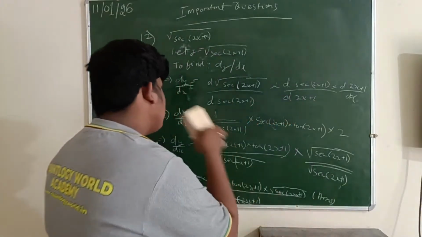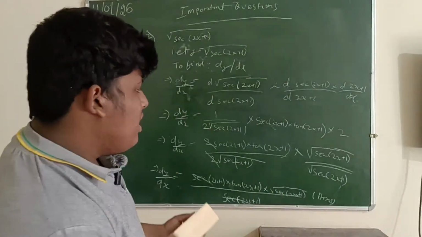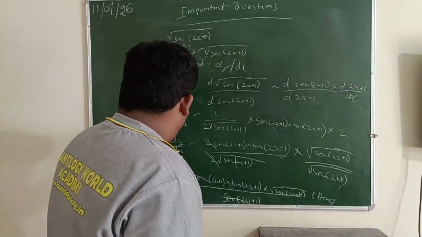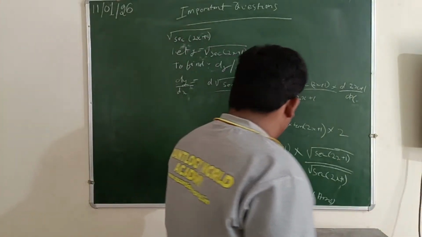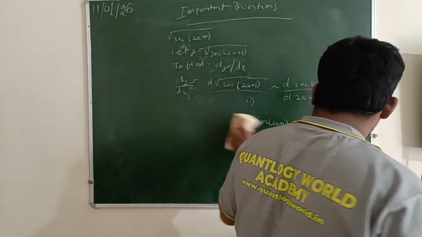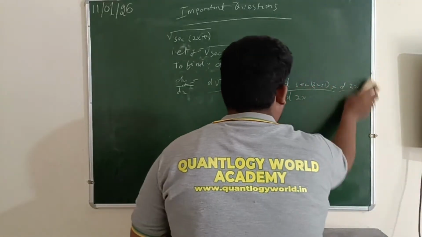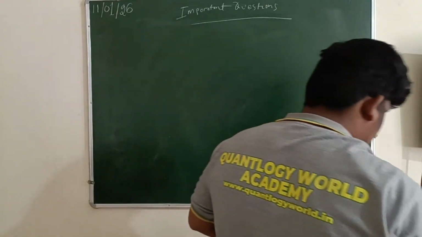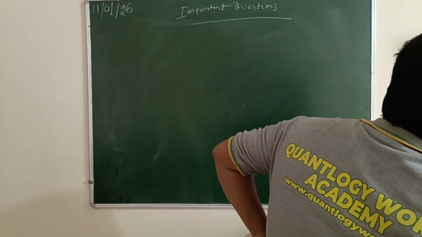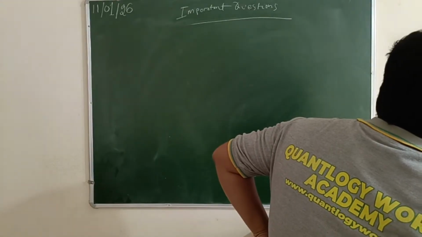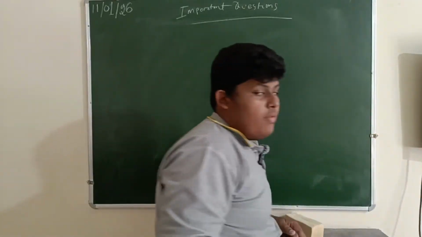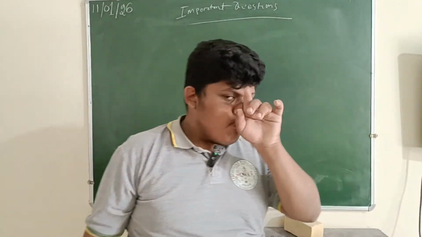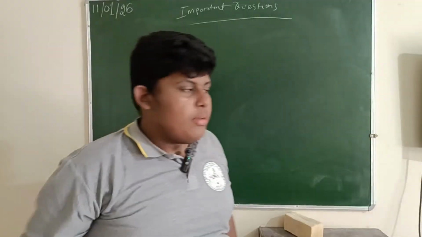This question will also carry 2 marks, as this is a very lengthy question. Then we will move to the last derivative question, and then we'll move to LPP. 1 or 2 questions we'll do from the LPP chapter.